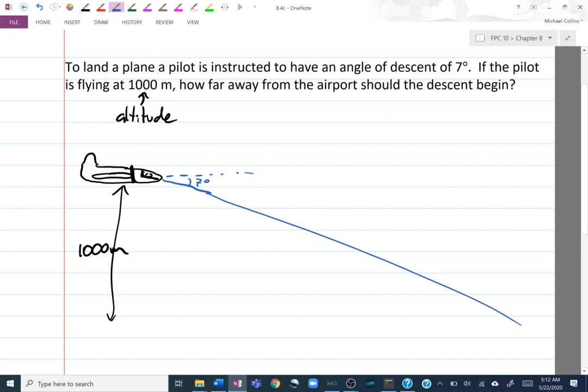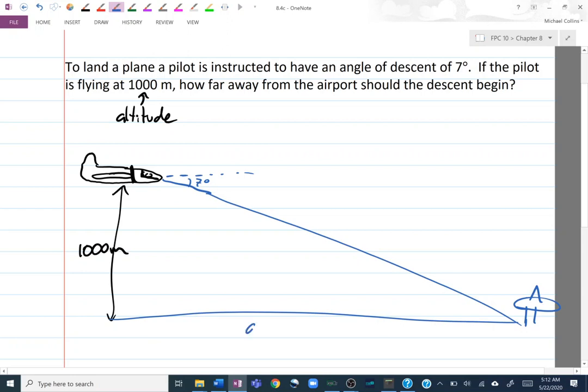And we're going to end up landing at an airport. I don't really know what to draw for an airport. Maybe that's a radio tower. And we want to know how far away, so let's call that distance D. Again, notice how this turns out to be a right angle triangle. So with 7 degrees, we can use this trick again.